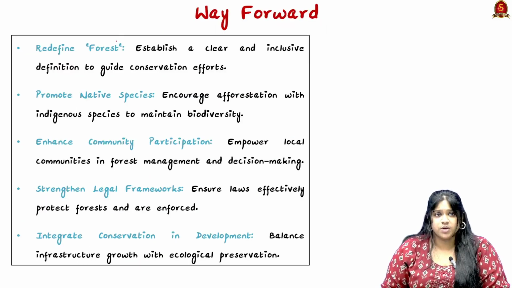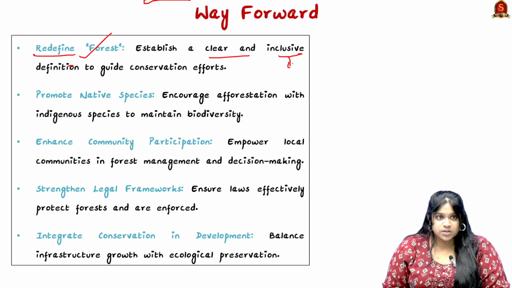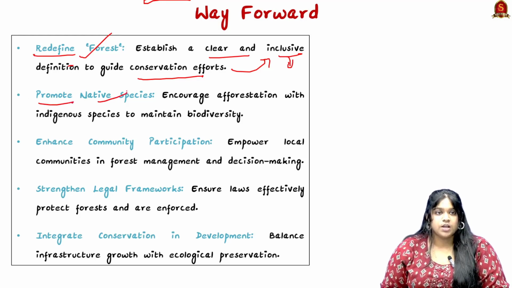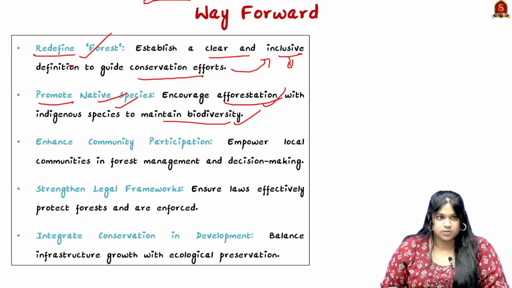So now what is the way forward for these challenges? First, they need to redefine forest, bringing a clear and inclusive definition to guide conservation efforts along with community participation and their opinions. Promoting native species, such as afforestation encouragement, bringing in indigenous species to maintain biodiversity.